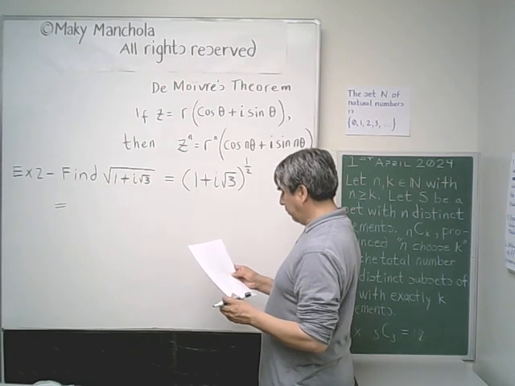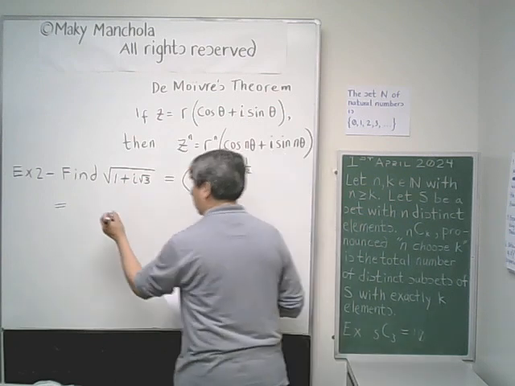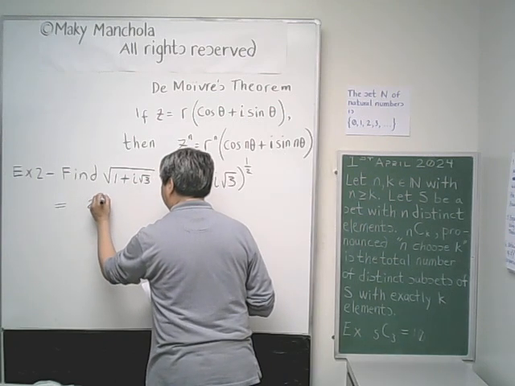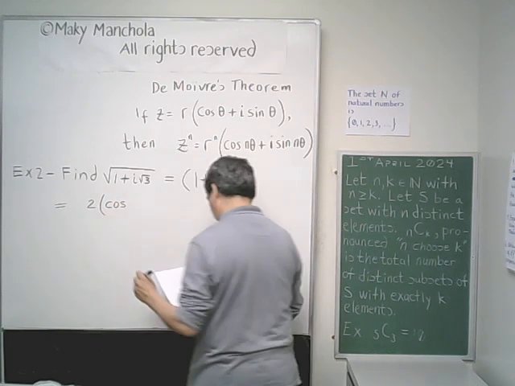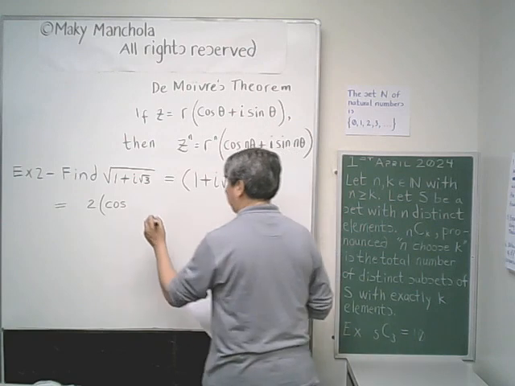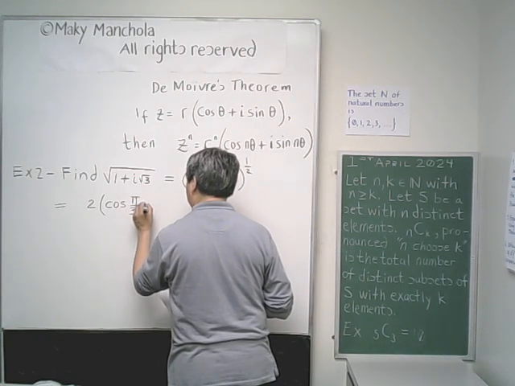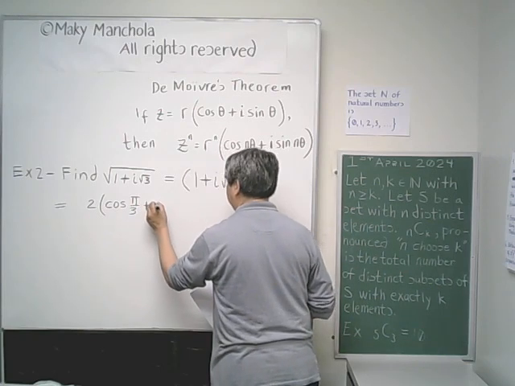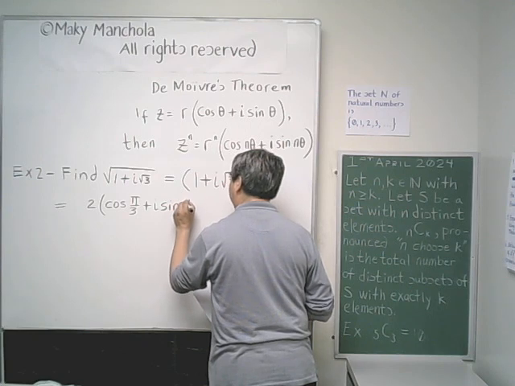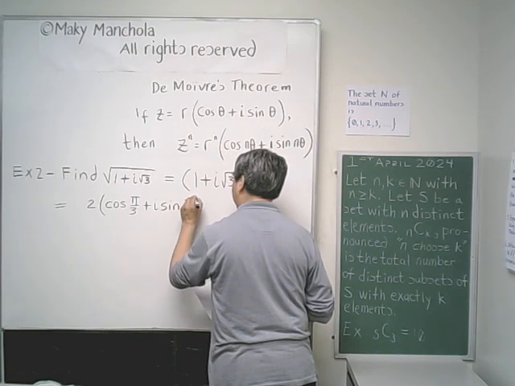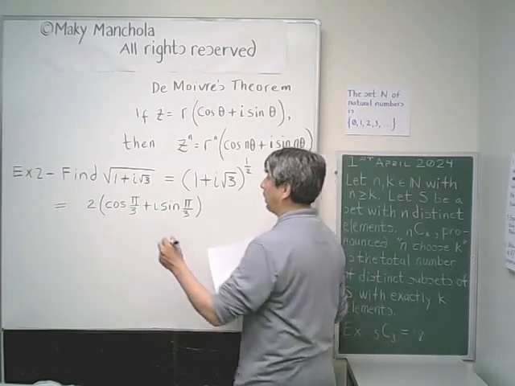I found it to be 2 times the cosine of pi over 3 plus i sine of pi over 3. Remember, we are raising this number to the 1/2 power.